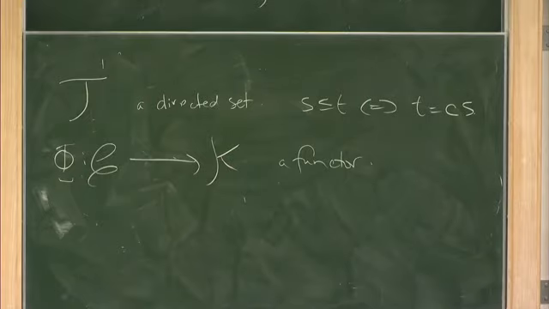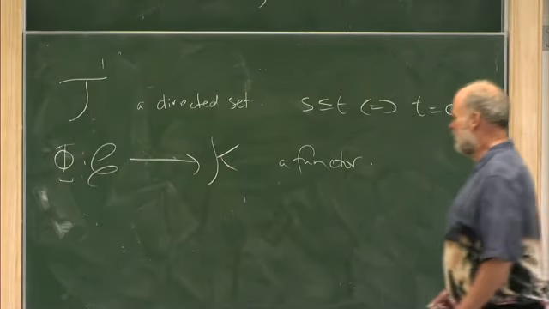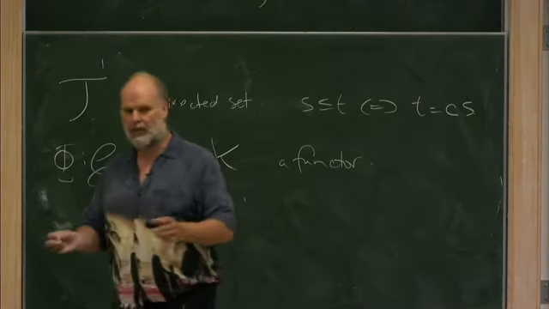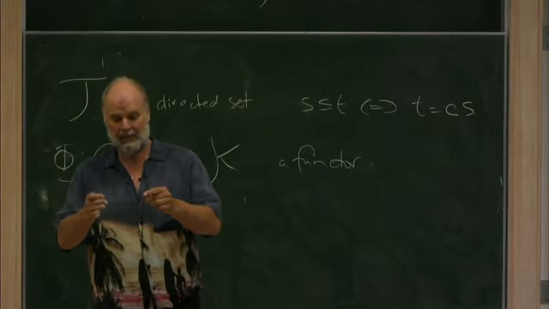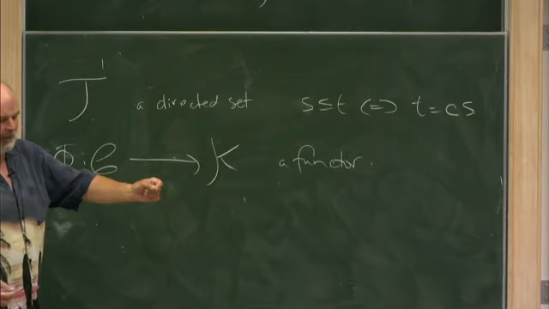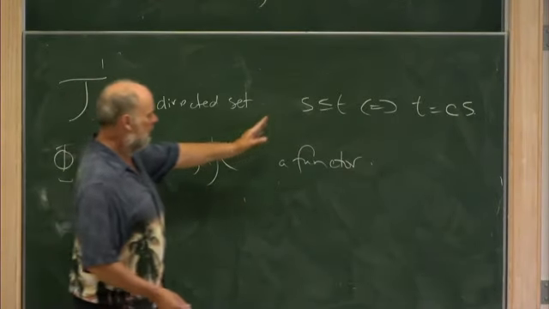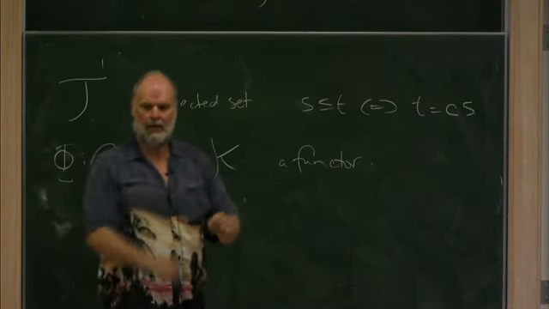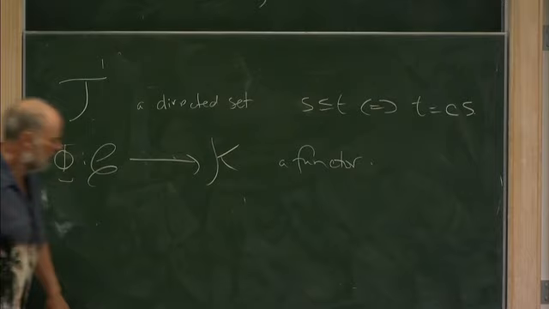So this is the directed set, and the direct system. What do you have to do for a direct system? You have to take every element in your directed set, send it to some set, and every time you have an S less than or equal to T, you've got to define some sort of connecting map. I forget what the right word is for that.